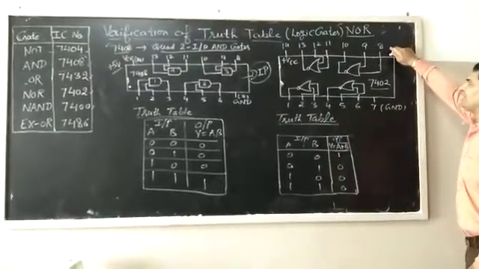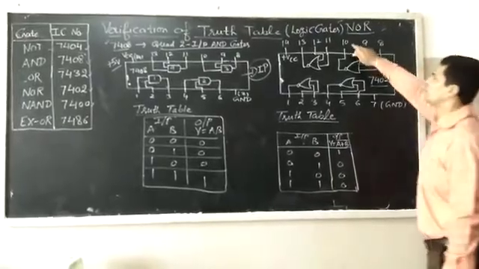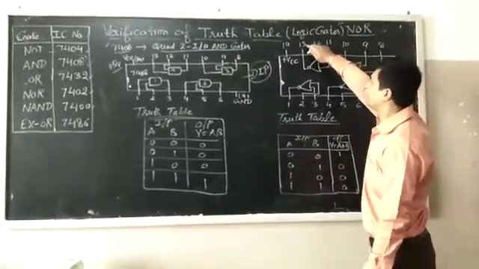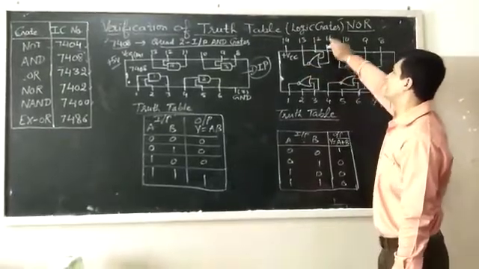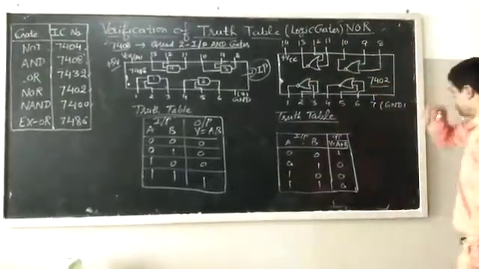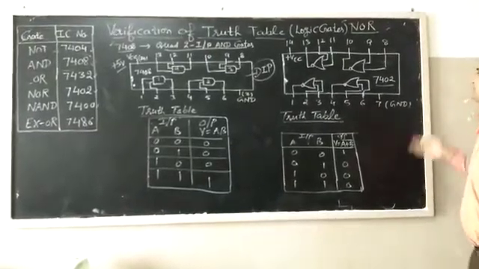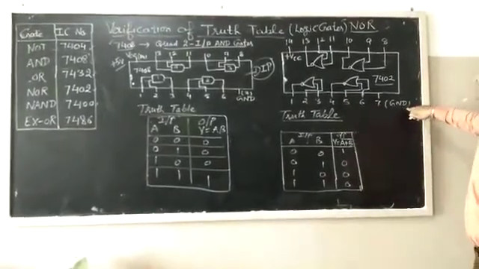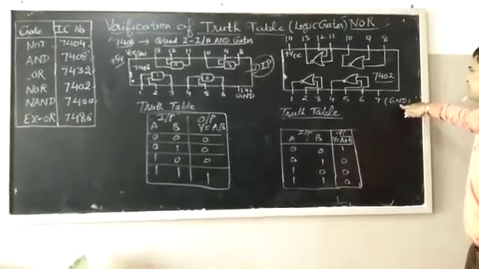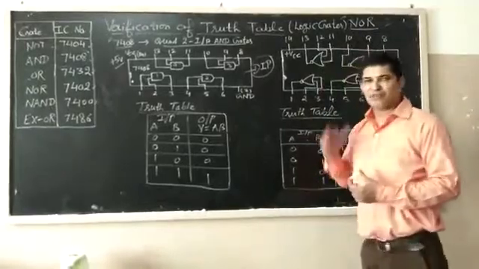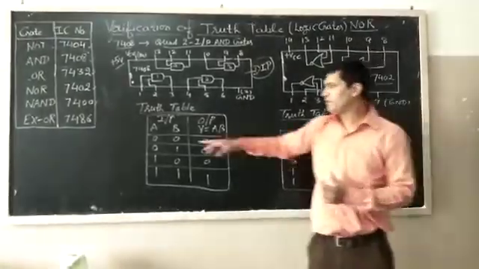At pin numbers 8 and 9 input is applied, output is taken across terminal number 10. And terminal number 13 is the output, and 11 and 12 are used for the input. Similar to 7408 AND gate, pin 7 is kept reserved for the ground and pin 14 is for the VCC.